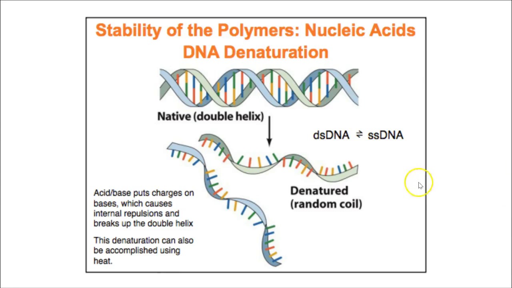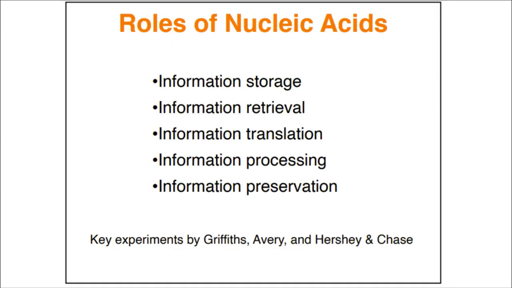And you'll see in this picture the random coil, where the double helix is being unwound and thus denatured. And so the roles of nucleic acids are information storage, retrieval, translation, processing, and preservation. We'll go more and more into the details of that later on. Just have this fundamental knowledge for right now.